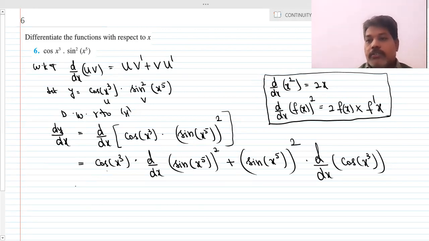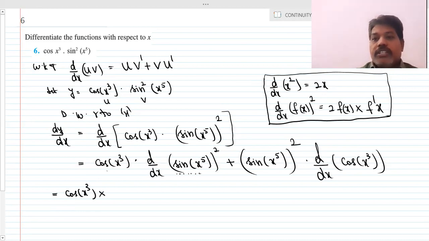See this one: cos of x cube into, understand this step, students, it is f of x whole square, where f of x is sine of x power 5.